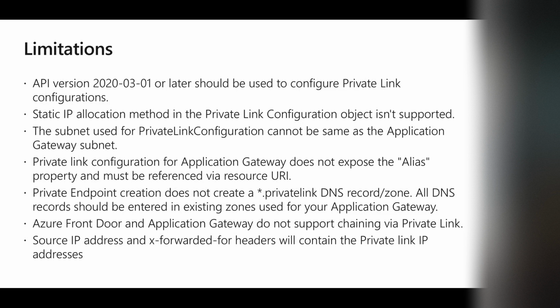And also, static allocation for the private link configuration object isn't supported at the moment. It has to be dynamic. And we already talked about the one where the private link configuration cannot use the same subnet as the Application Gateway.